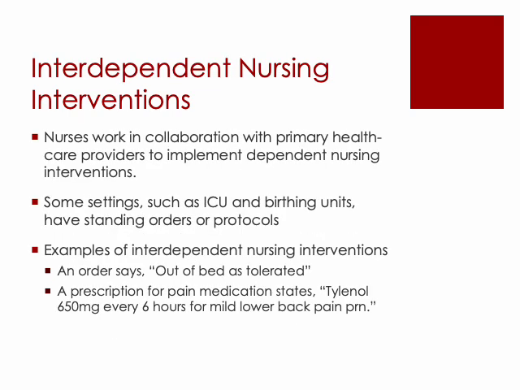Nurses work in collaboration with primary healthcare providers to implement dependent nursing interventions when we talk about interdependent nursing interventions. In some settings, such as the ICU and birthing units, they have standing orders or protocols, and these help delineate parameters in which a nurse can implement a dependent nursing intervention.